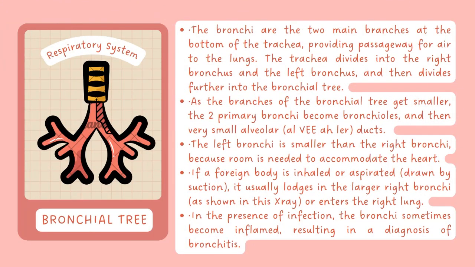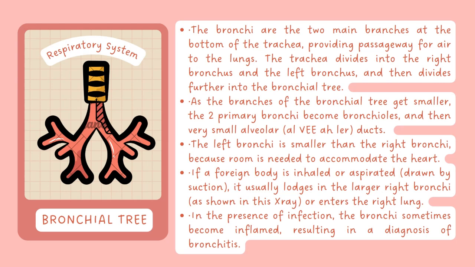The bronchial tree is the branching system of airways in the respiratory tract that conducts air from the trachea into the lungs. It consists of a series of increasingly smaller air passages that eventually lead to the alveoli, the tiny air sacs where gas exchange occurs. The left bronchus is smaller than the right bronchus because room is needed to accommodate the heart.